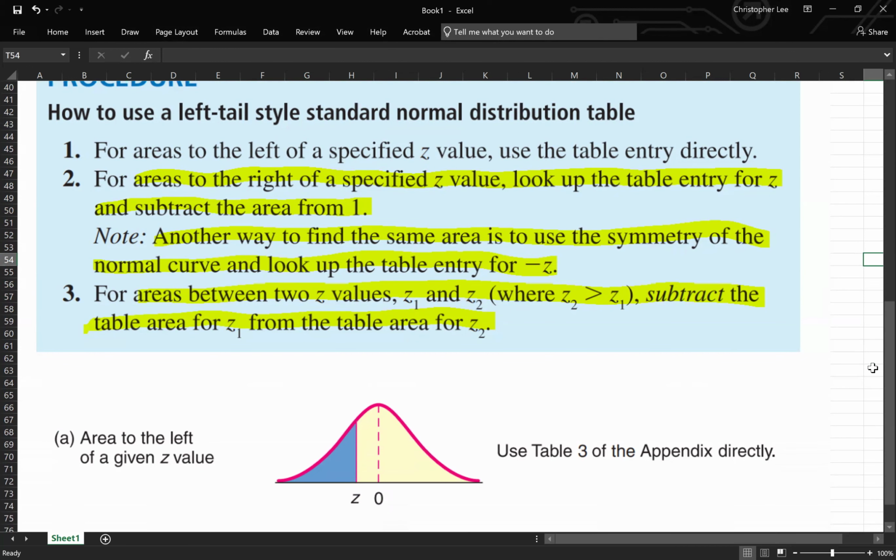So if I ask you, what is the probability of z greater than blah, blah, blah, you're going to find it in the table, and then you're going to take whatever answer that is, let's say 0.3000, just making something up, right? And you're going to subtract it from 1. So you're going to go 1 minus 0.3000, for example, and then that'll be your final answer.